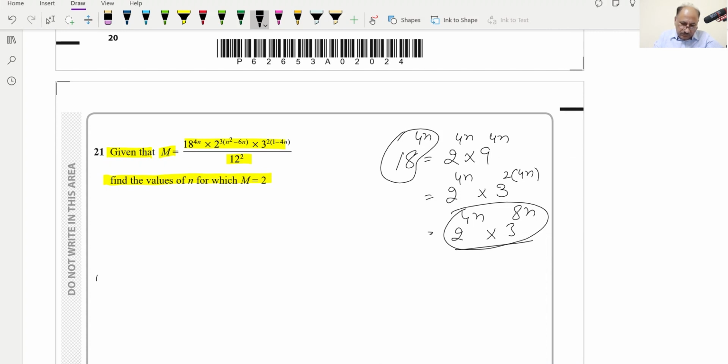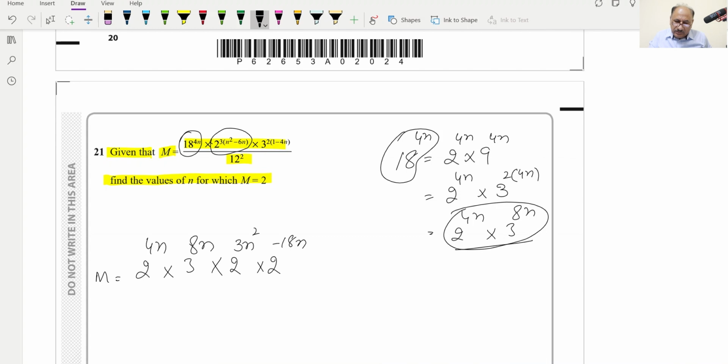So m is equal to, instead of writing this 18 raised to the power 4n, I'm writing 2 raised to the power 4n into 3 raised to the power 8n. And similarly, this one, 2 raised to the power 3, I will write 2 raised to the power 3n squared, and multiply by 2 raised to the power 3 into 6 will be 18, so minus 18.